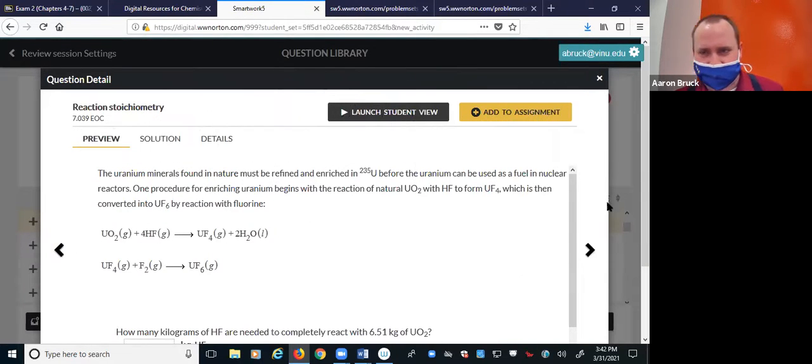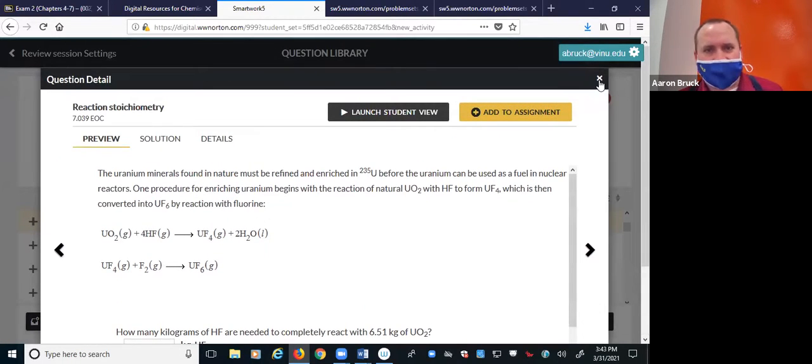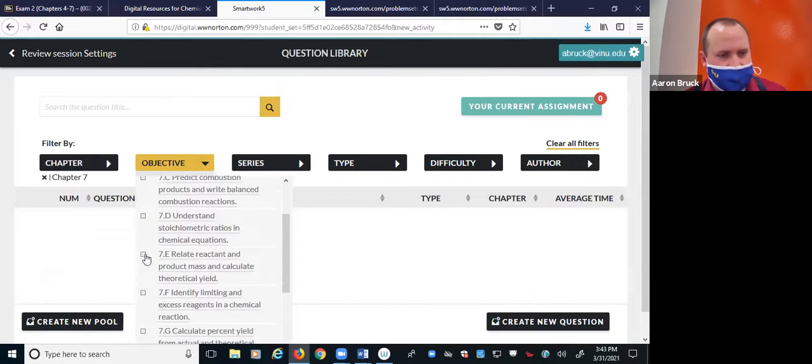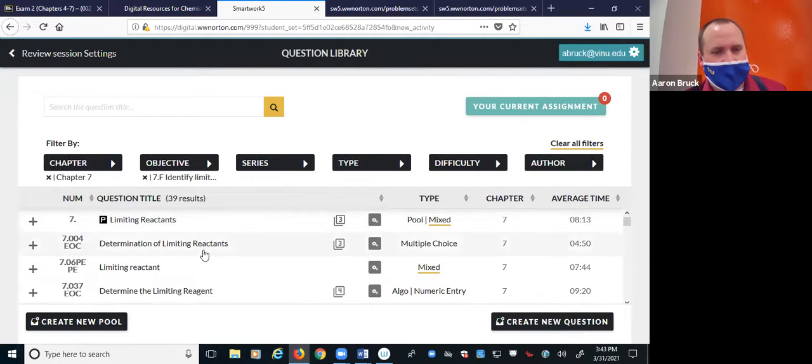All right. So that's kind of your base level stoichiometry. The only thing that we really haven't talked about out of stoichiometry is limiting reactants and percent yield, which we can certainly go ahead and look at.